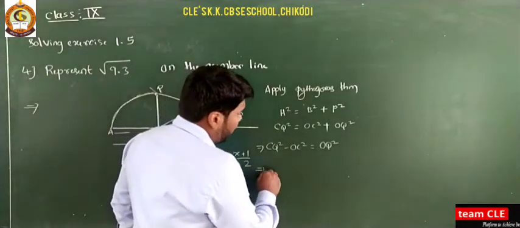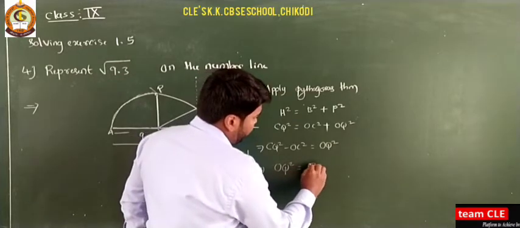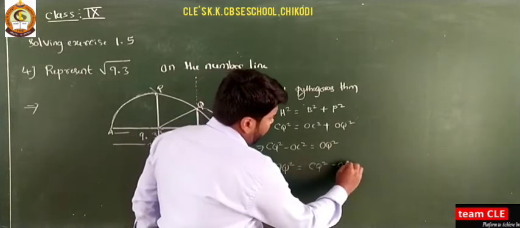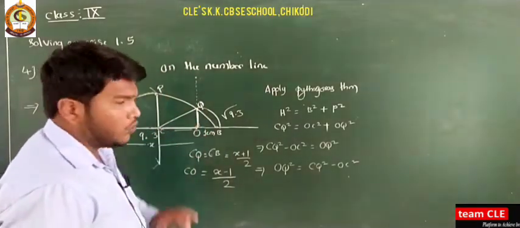So now see, I write first this as OQ square, which equals CQ square minus OC square. So I need to find the OQ square.